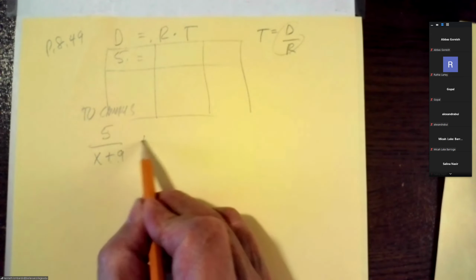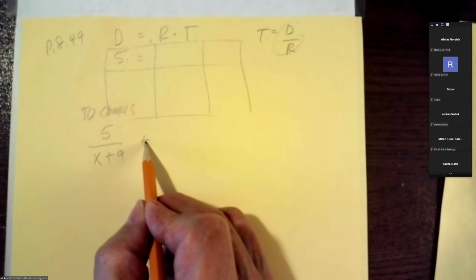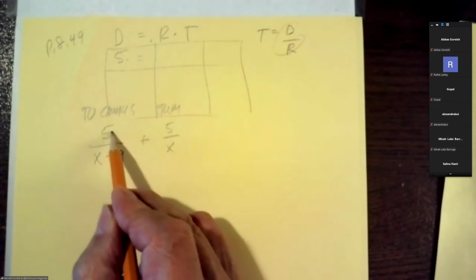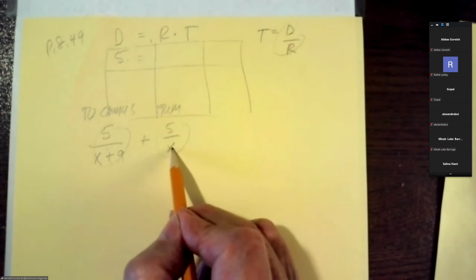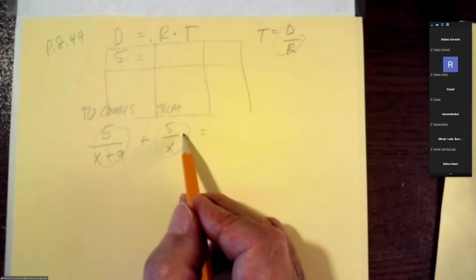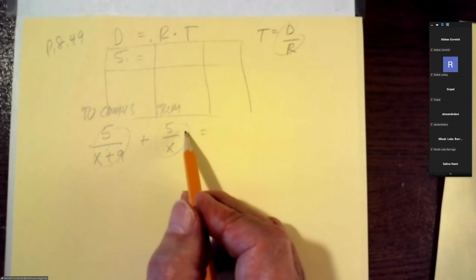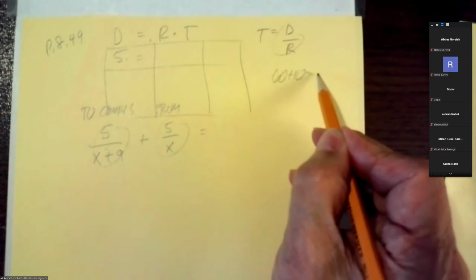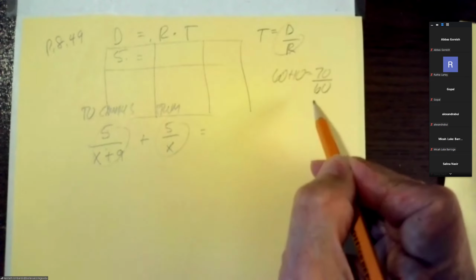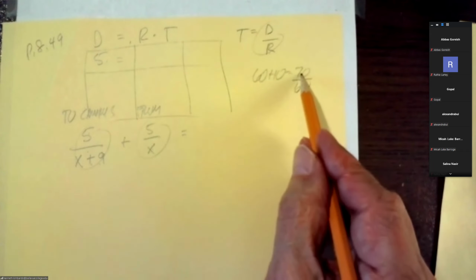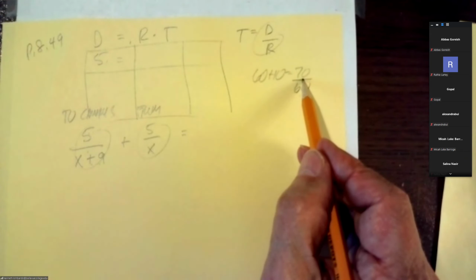And then the time from campus is 5 over x. So this is time going, time coming, equals, and it says the round trip takes 1 hour and 10 minutes. An hour and 10 minutes is 60 plus 10, or 70 minutes, and 70 over 60 is the number of hours. What is the average velocity in the return trip?